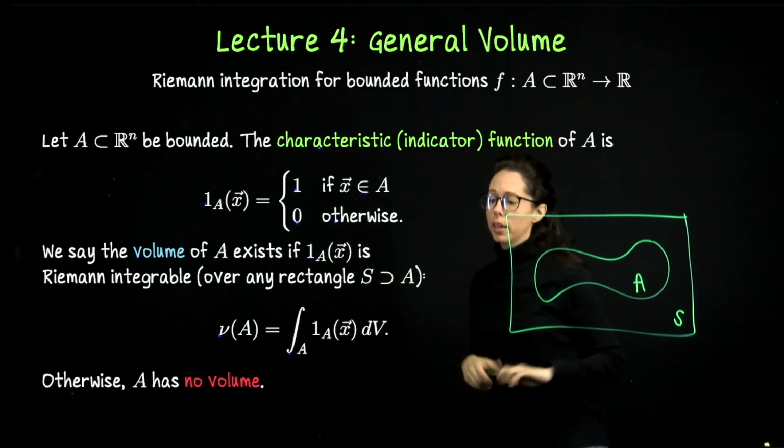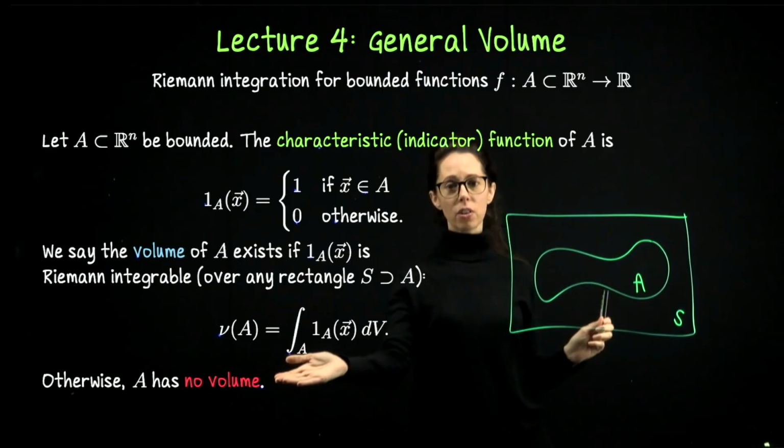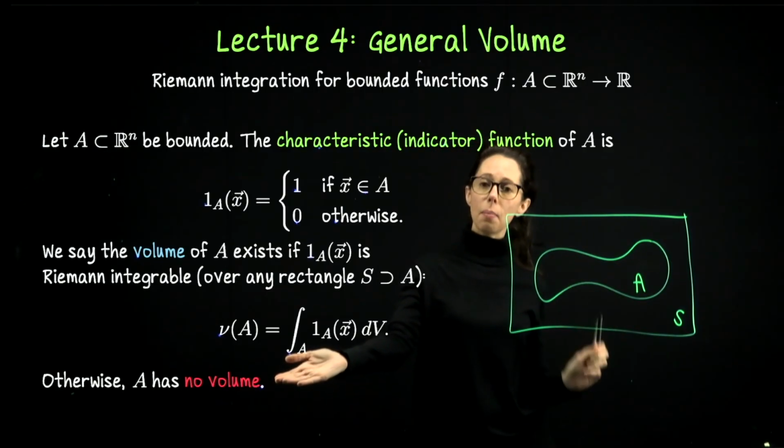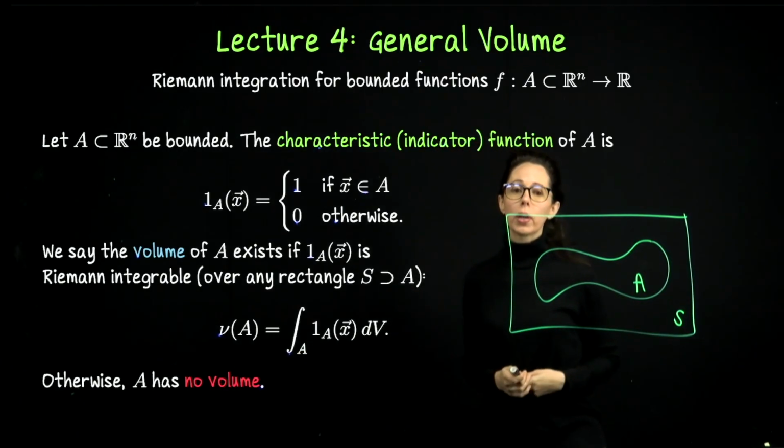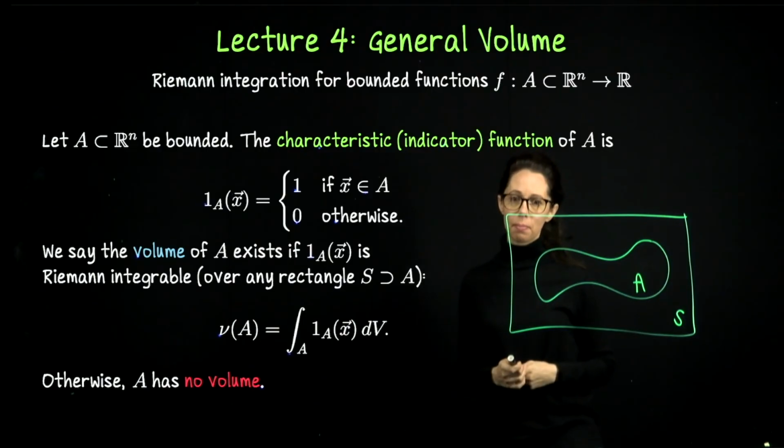If they do, in other words, this integral exists and equals a number, that number is what we call the volume of A.